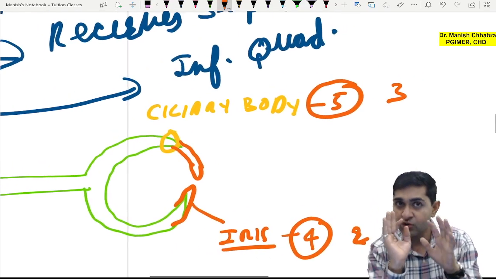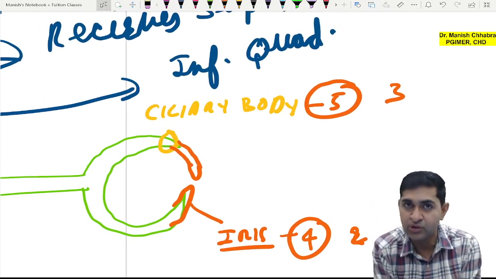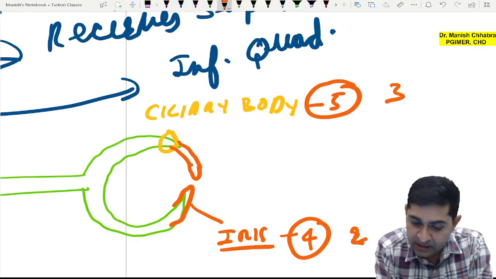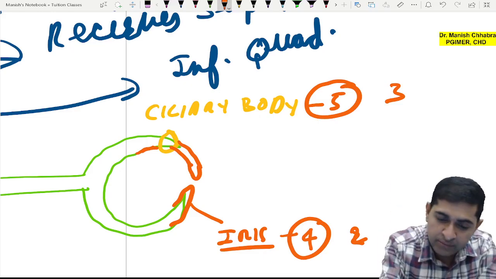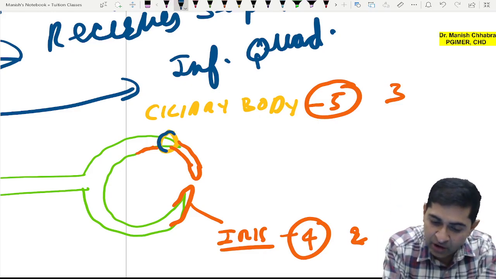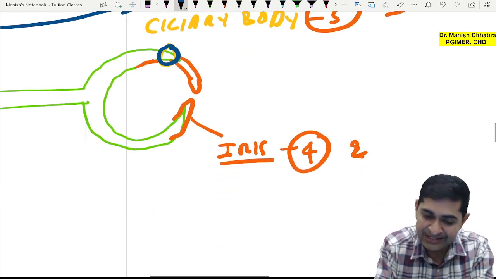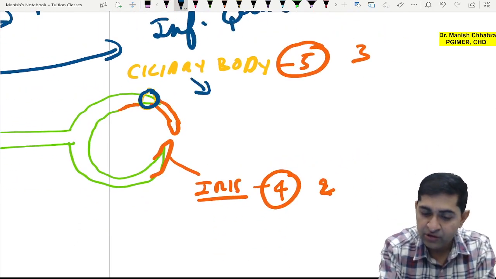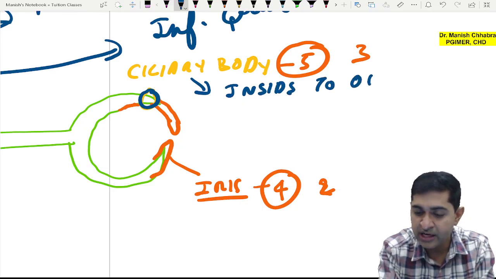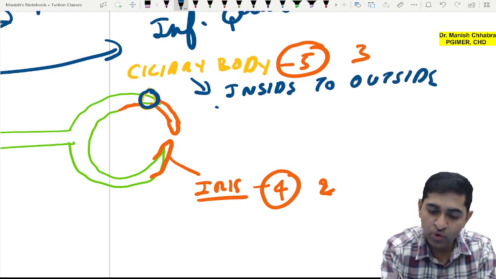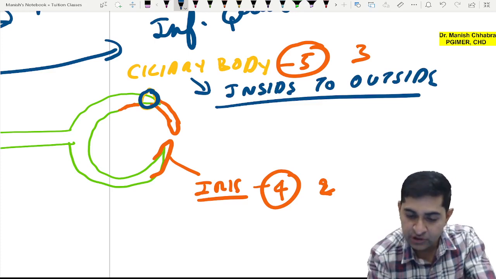I told you that we are going to read everything very conceptually. Now, the inner layer of the retina, which is in continuation, is going to form the inner layer of the ciliary body. So let's write the ciliary body from inside to outside, because I told you the 2 layers will be in continuity.